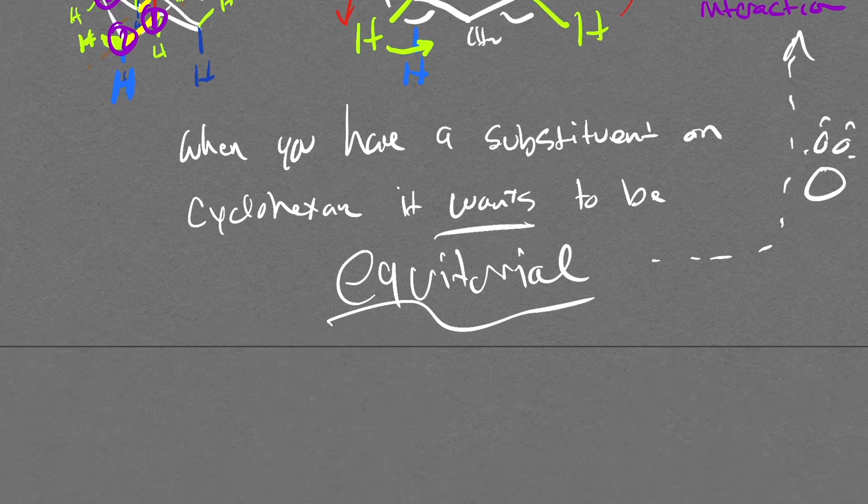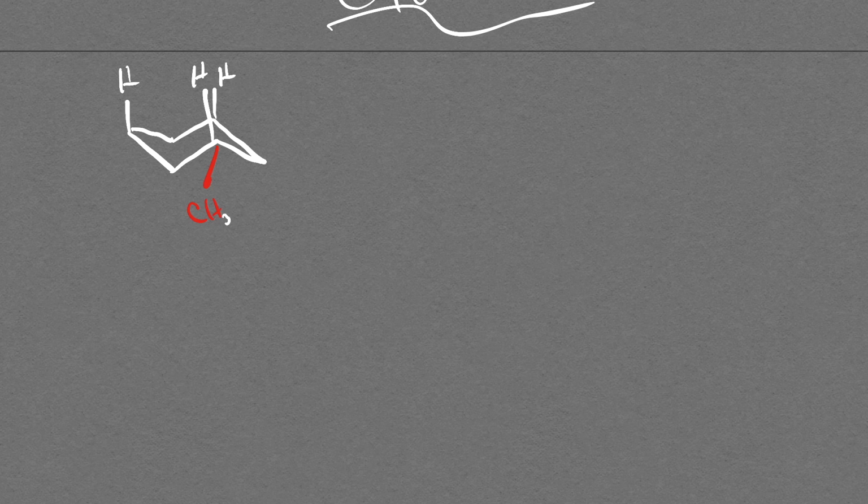So if we were to redraw our configuration so that now we have a chair, and now the methyl group is equatorial. In fact, we don't even really need to draw a Newman projection because I could just point this out. So if that's equatorial, then this is axial, this is axial, and this is axial, right?